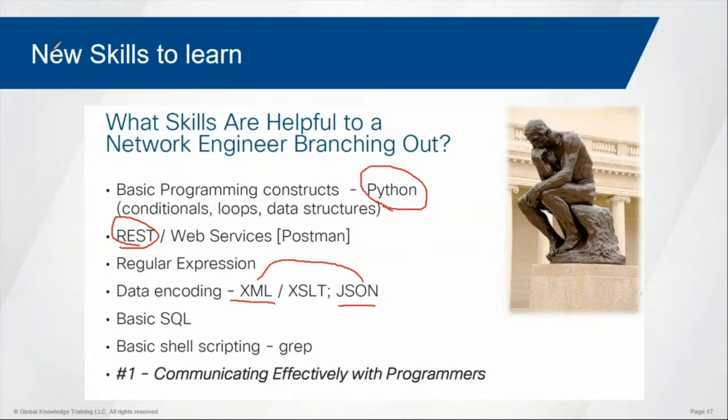Trivia question, how did Python get its name? Actually, it's not about snakes. The answer is 28 years ago, a genius programmer named Guido van Rossum decided he wanted to make his own new programming language. He was a big fan of the English comedy group Monty Python, and literally that's where the name comes from, and it's stuck ever since then.